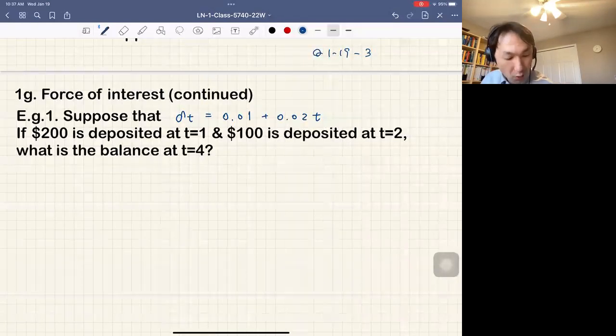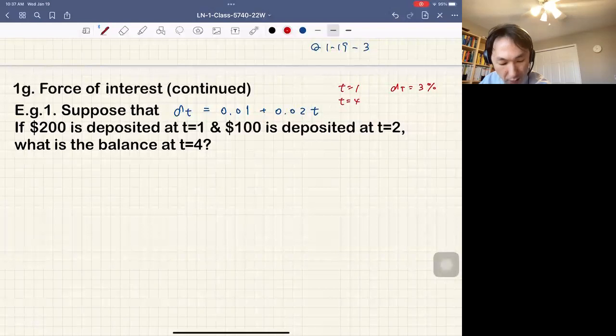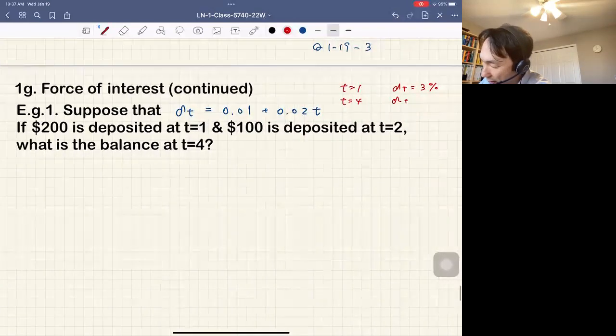Okay, so now we go back to the force of interest and do some more complicated examples. Example 1: suppose that delta sub t is 0.01 plus 0.02t. That means if t is equal to 1, the force of interest is 3%, and at t equal to 4, the force of interest is 9%.